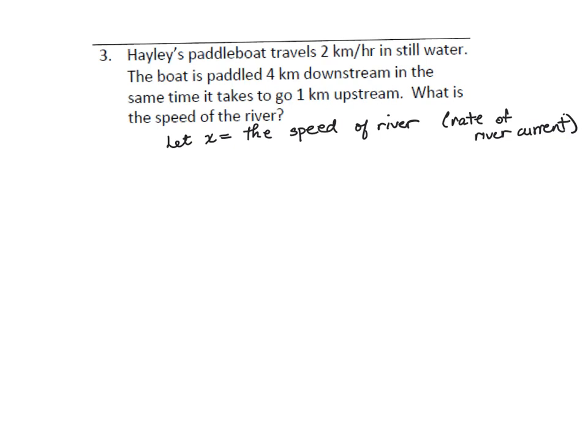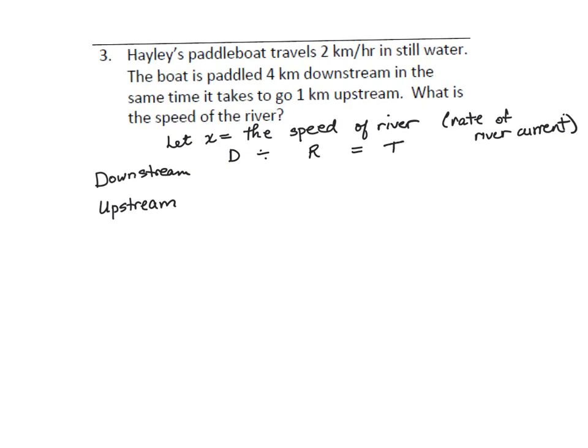Because the current in the river makes the water move. And now we have downstream and upstream. So we also know that distance divided by rate is equal to time.